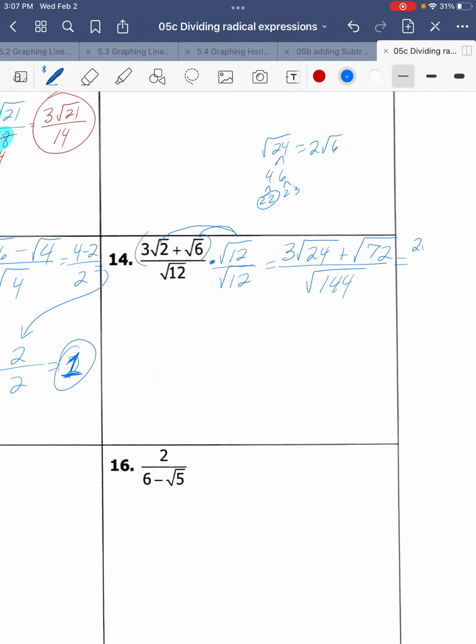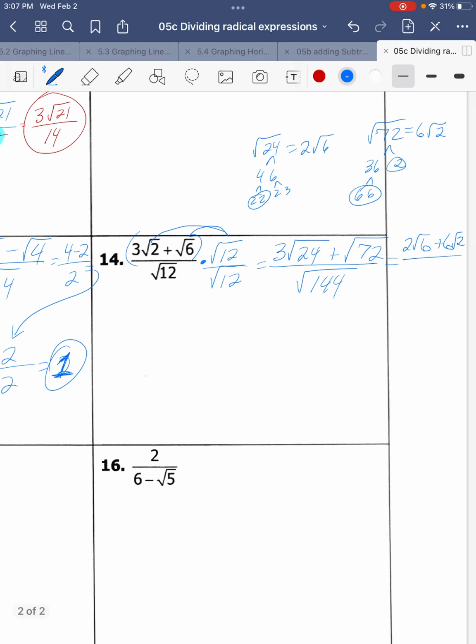So 2 square root of 6, 72, break that down. 16, 36 is the biggest, 36 and 2. So it's going to be 6 square root of 2, but if you didn't see that, you can break it down. There's your pair of 6s, or you can keep going with 3, 2, 3, 2. You can do that. But it's going to end up being 6 square root of 2 over 12.